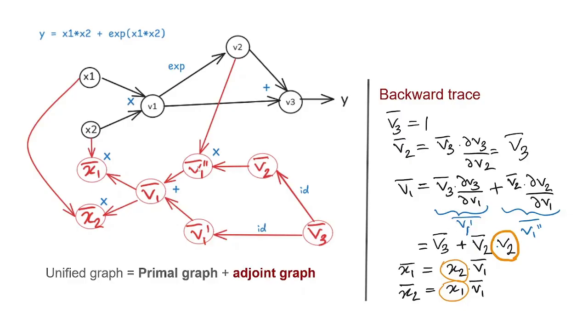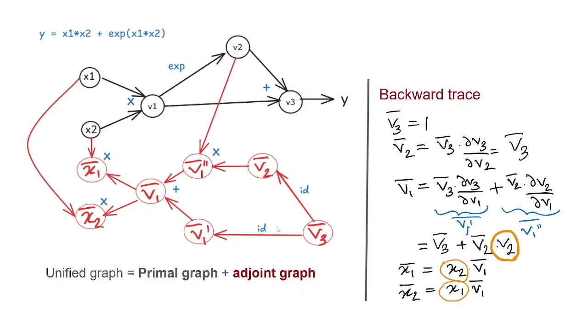The contribution coming from here, we denote by adjoint of V1 double dash. V1 dash, because of the summation, ends up being just V3 bar, adjoint of V3. And because it's an exponent operator, this part ends up being the product of V2 bar times V2. Similarly, as we saw in the last slide, adjoint of x1 and x2 are the respective input x2 multiplied by v1 bar and x1 multiplied by v1 bar.